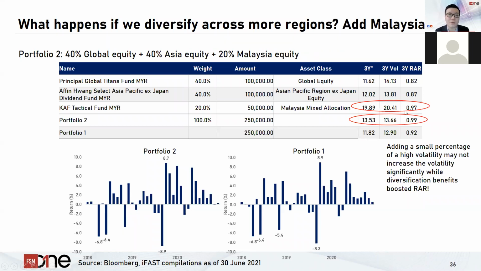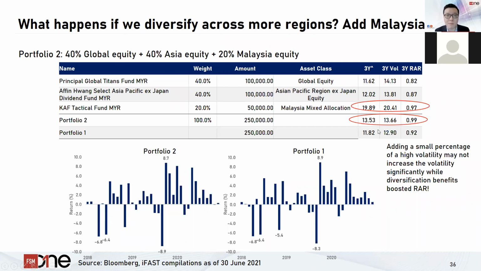The vol is quite high, but because we added a manageable amount of 20%, it does not necessarily increase the portfolio vol by a lot. By adding this 20% of the fund, you boosted your returns, because the fund did well over the past 3 years, but not necessarily increasing the vol by a lot.